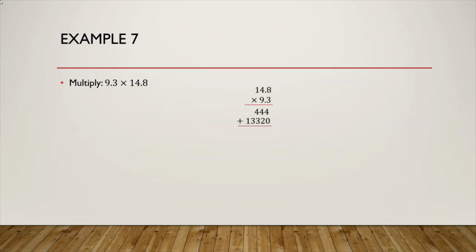4 plus 0 is 4. 4 plus 2 is 6. 4 plus 3 is 7. 3 and then 1. Then the place value, just count. So 1, 2. So that'd be 2. So your final answer is 137 and 64 hundredths.